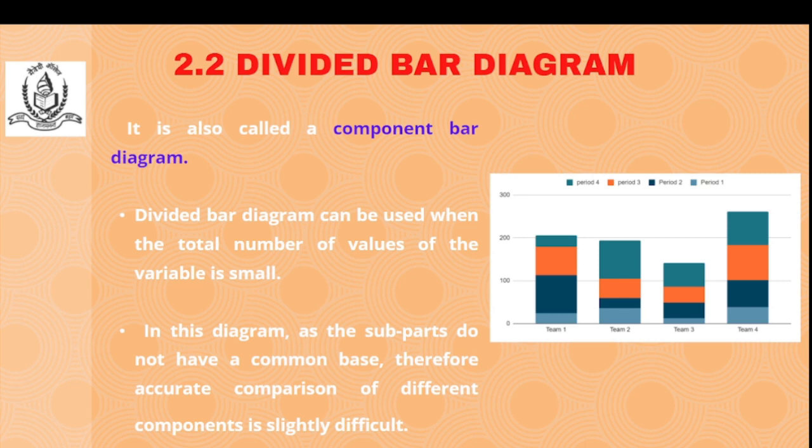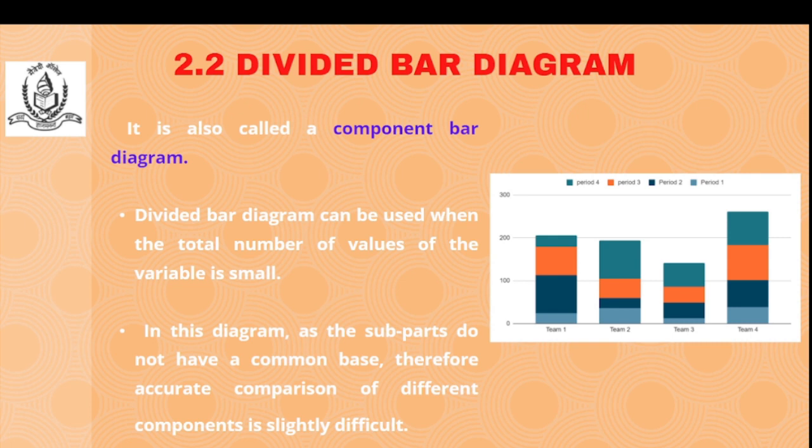In case of multiple bar diagram, each component of a variable is shown side by side horizontally, but in case of divided bar diagram, each component of a variable is represented as smaller sections within a single bar stacked one upon the other.